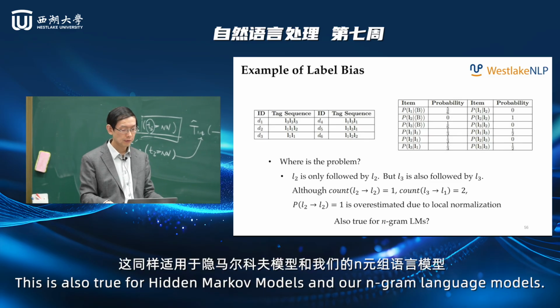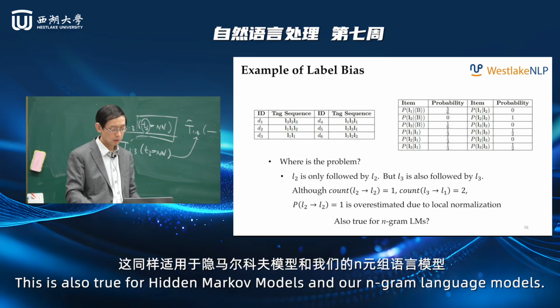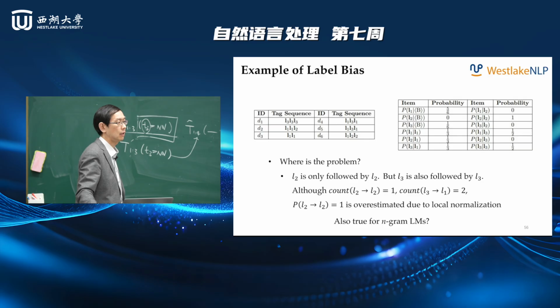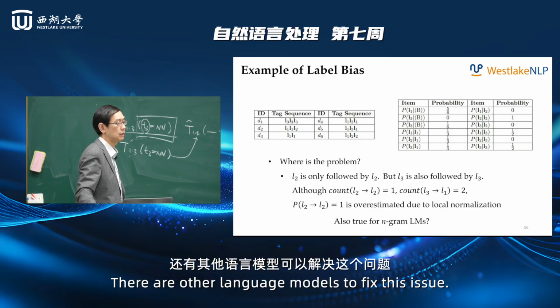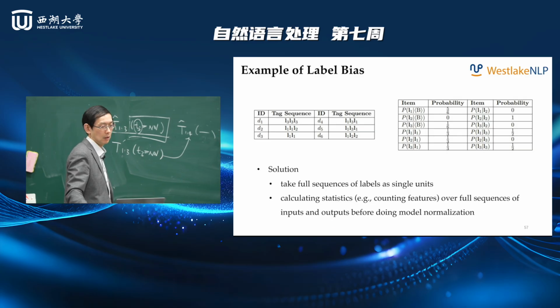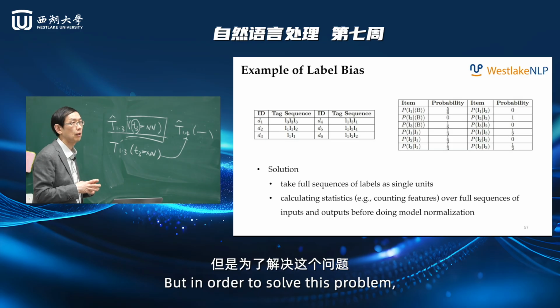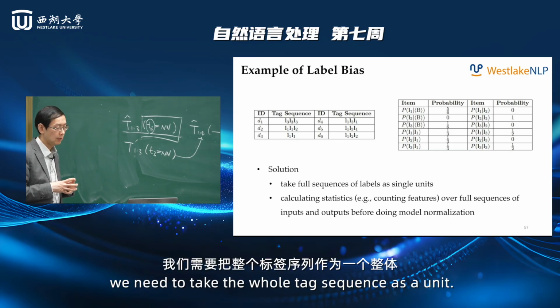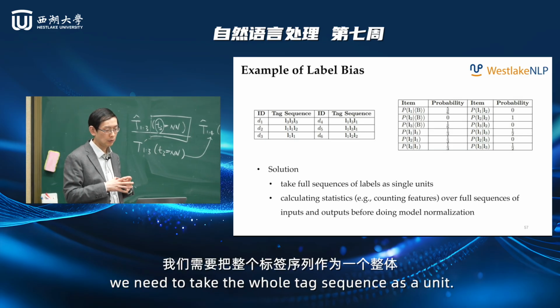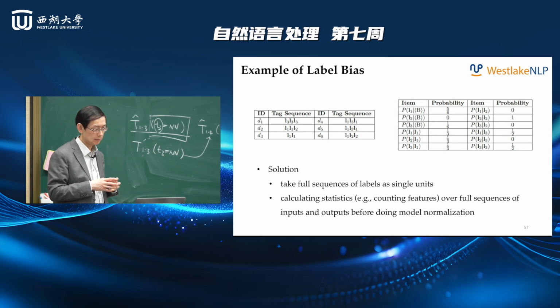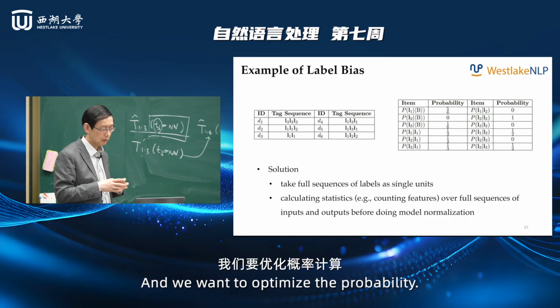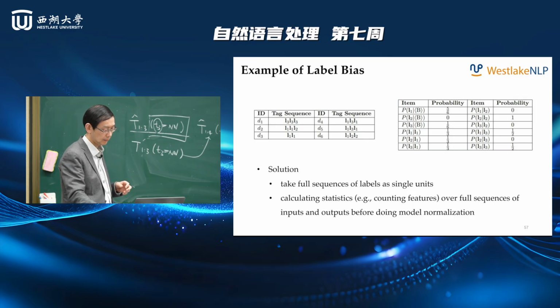This is also true for hidden Markov models and our n-gram language models, okay? I will show you later there are other language models to fix this issue. But in order to solve this problem, we need to take the whole tag sequence as a unit, and we want to optimize its probability.